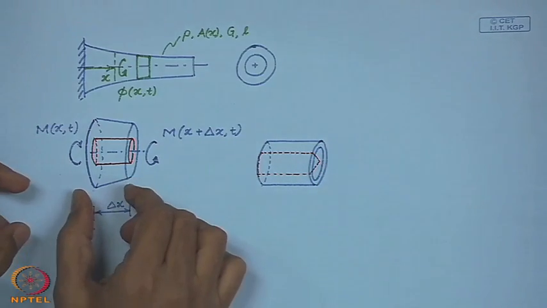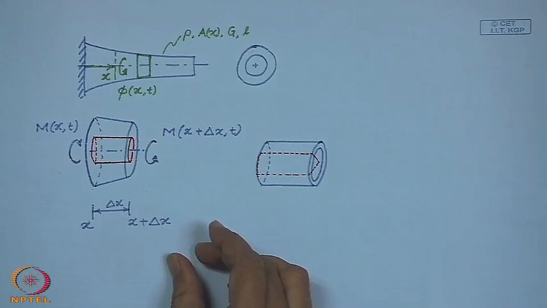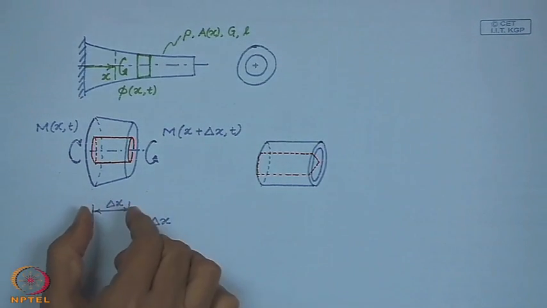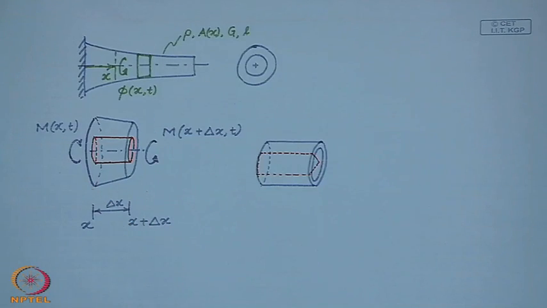Now, when the bar is under torsion, there will be a differential rotation between the left face and the right face.